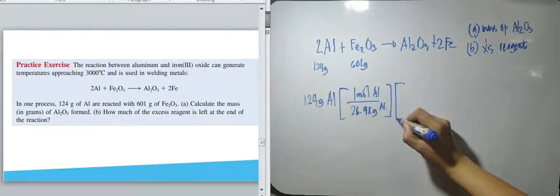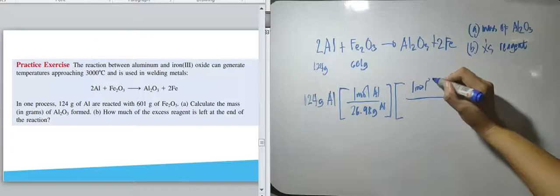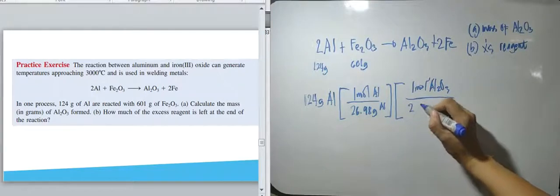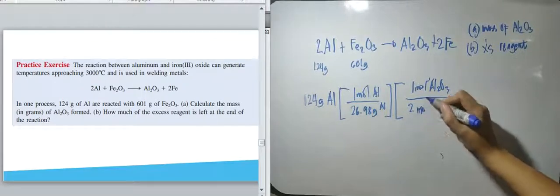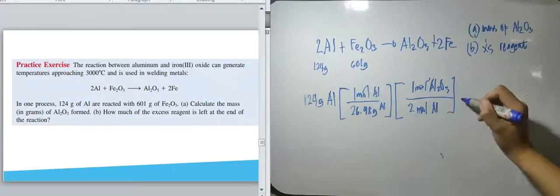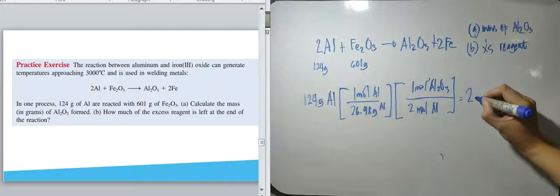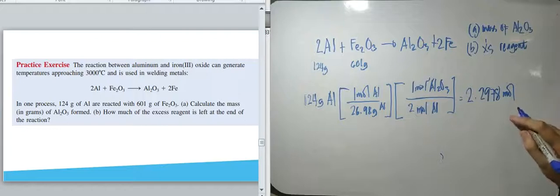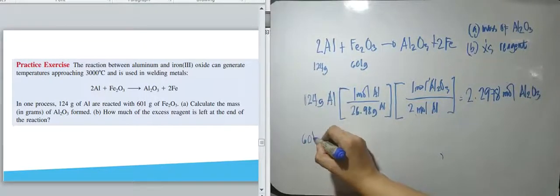According to our equation, 1 mole of aluminum oxide is formed from 2 moles of aluminum reactant. So we will have 2.29 moles of Al2O3.